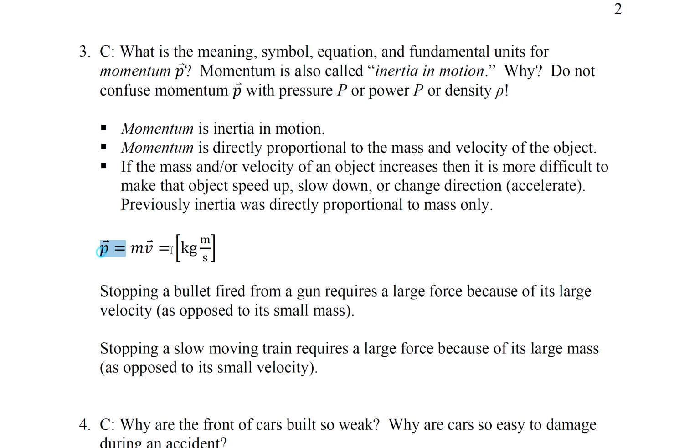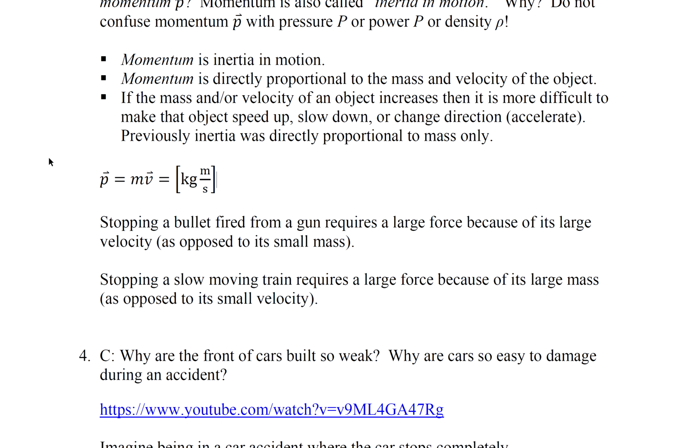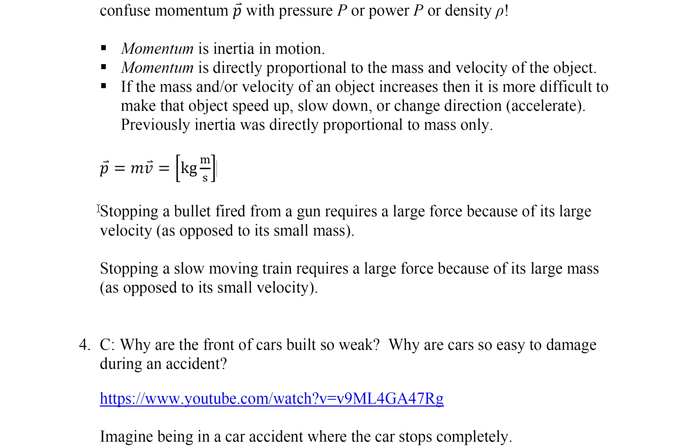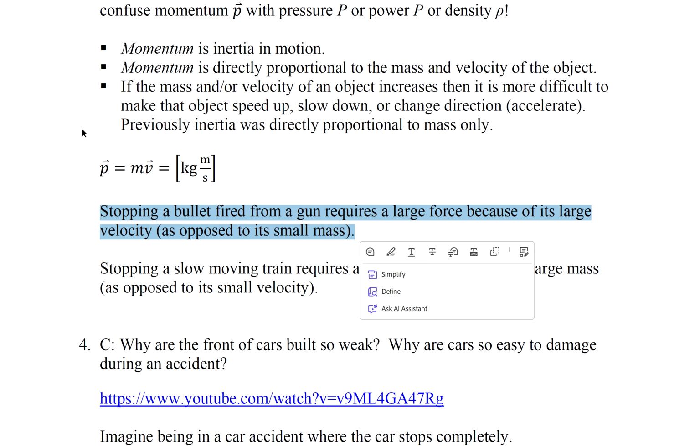So p equals mv has units of kilograms meters per second, or newtons times seconds, newton seconds. So for example, stopping a bullet fired from a gun requires a large force because of its large velocity.